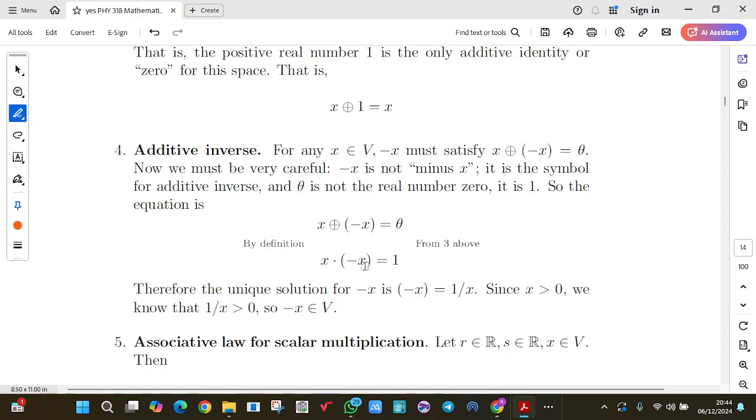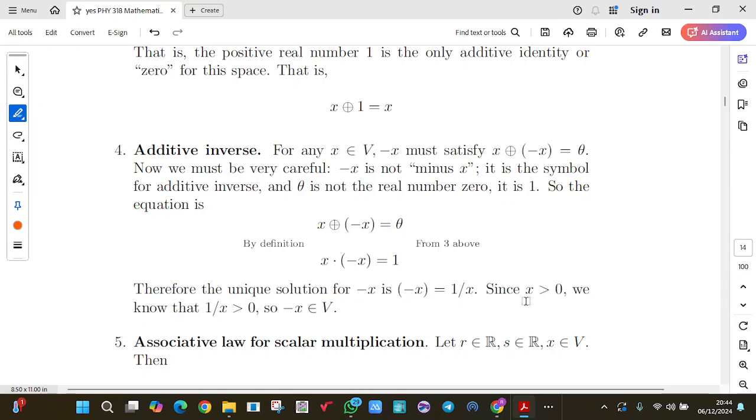What you're going to substitute for this minus x to give you 1 will be 1 all over x. So 1 all over x times x will give you 1. Therefore, our minus here needs to be substituted with 1 all over x.